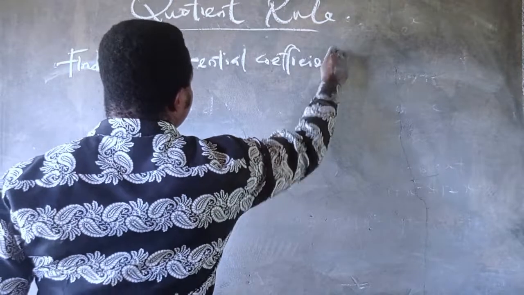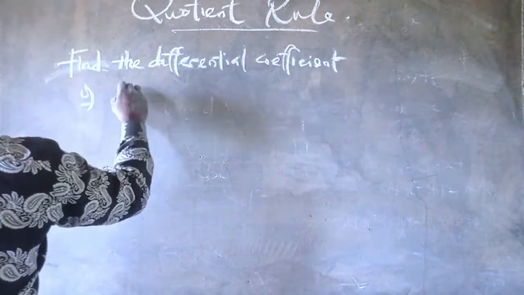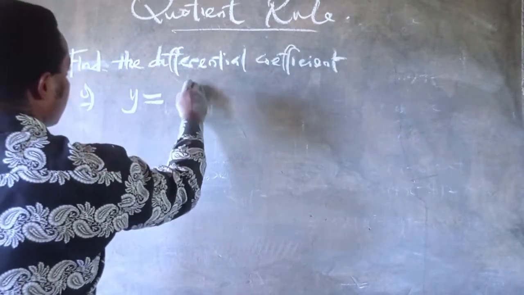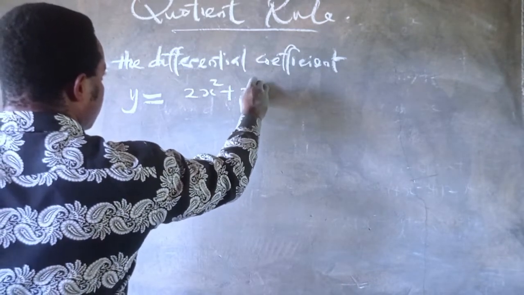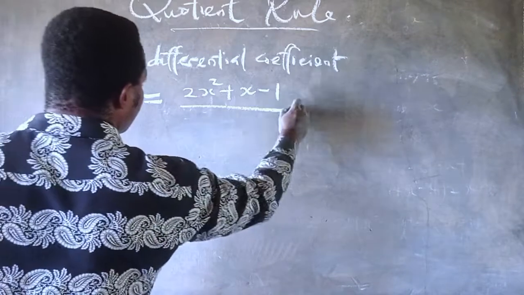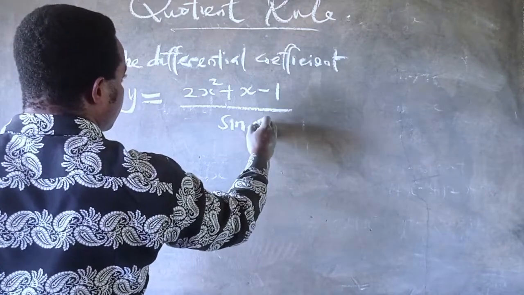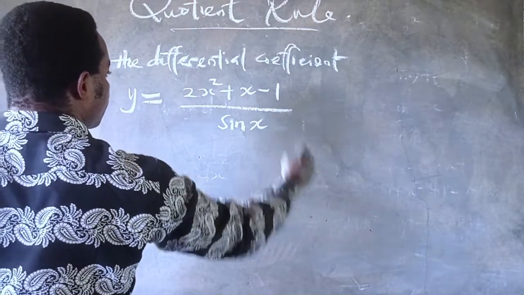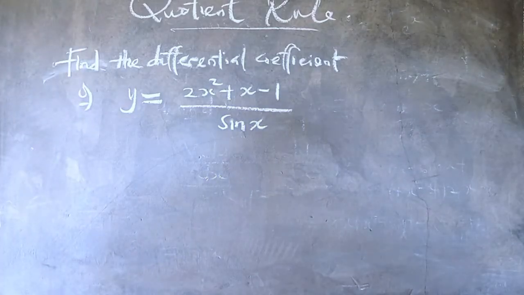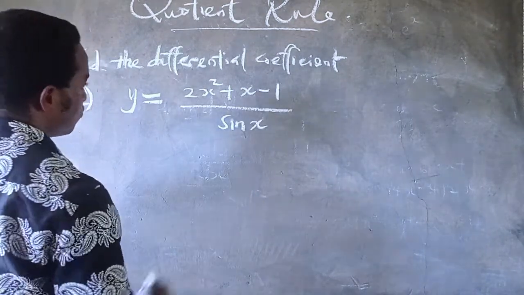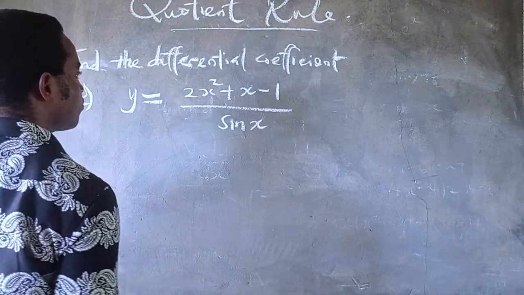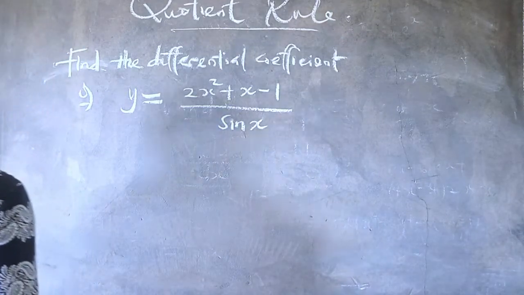Find the differential coefficient of this function. y equals 2x squared plus x minus 1 divided by sine x. Okay, you will notice that this problem is a quotient. Up there we have a function of x, and down here we have another function of x.